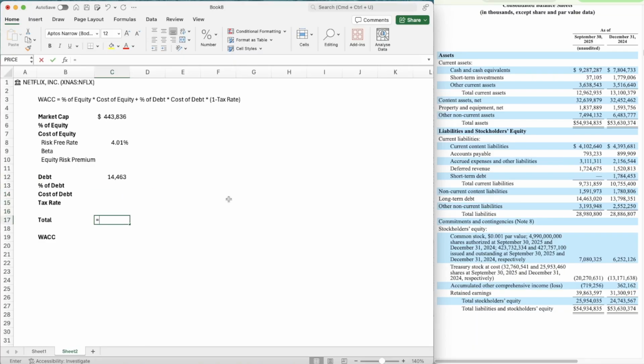Now we can get our total. 45299, and from the total, we can calculate the percentage of equity and the percentage of debt.